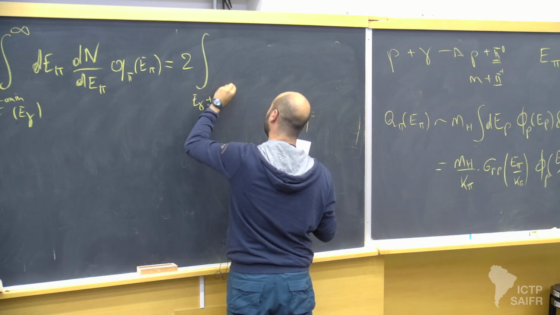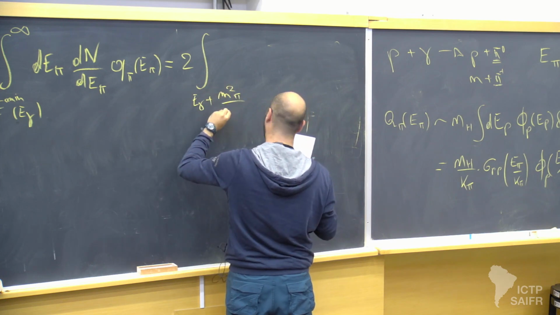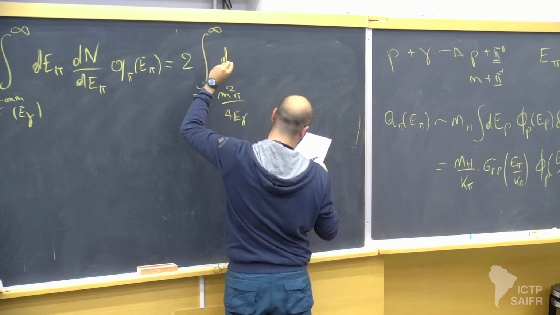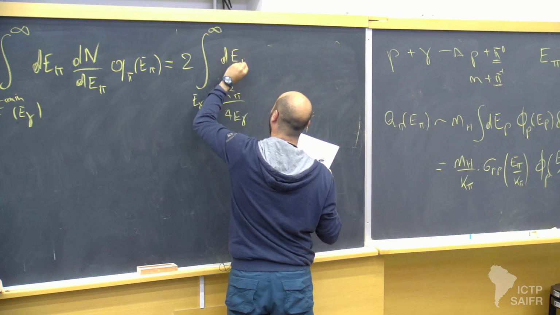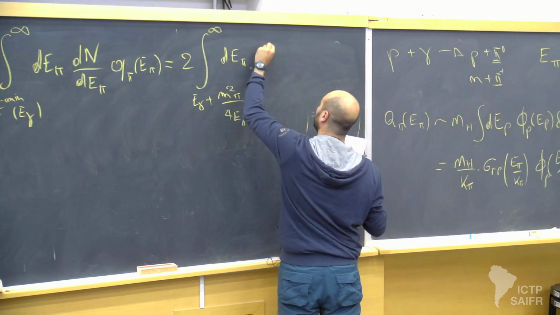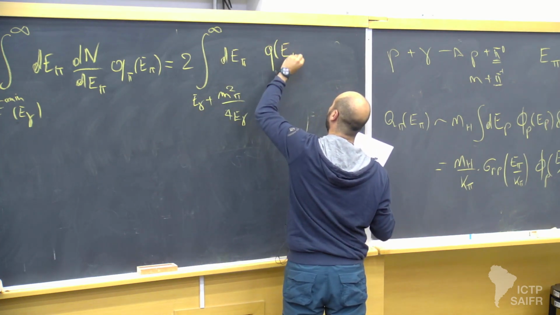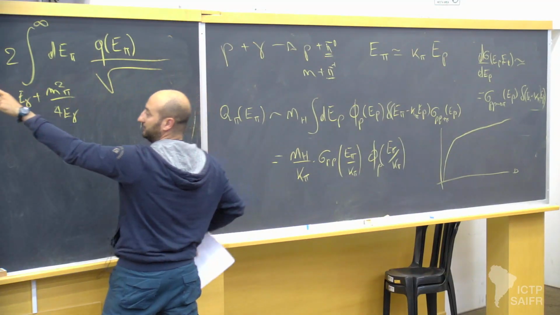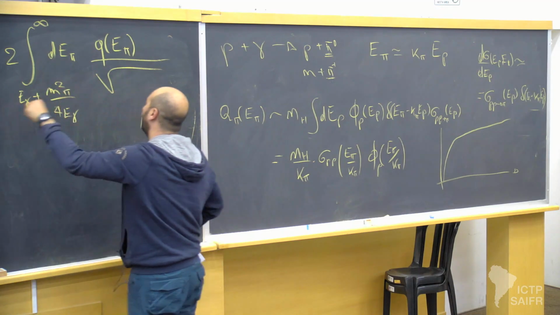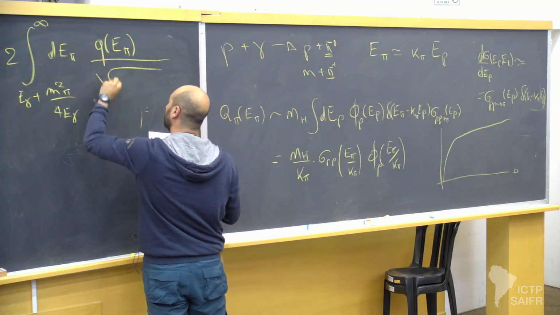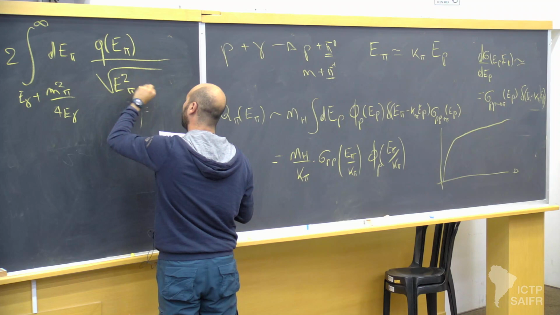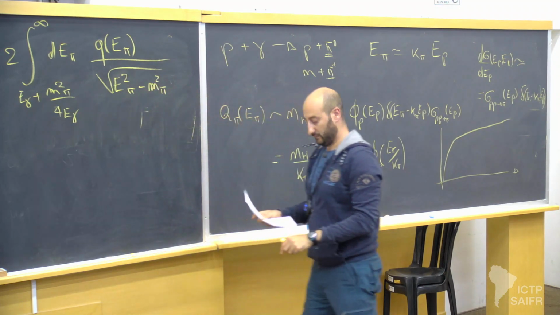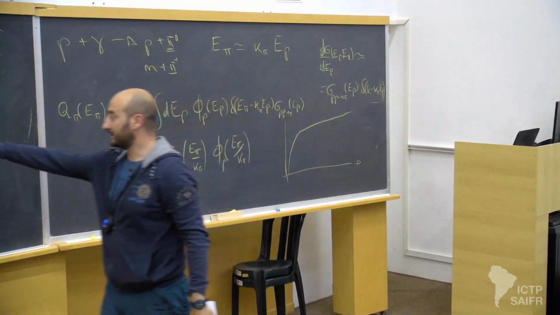Okay? Now, let me write the result, and then I will justify this lower integration limit: the integral from M pion squared over 4 E gamma to infinity of d E pion, times Q of E pion, which is that one, multiplied by dn, which we derived, and this is 1 over the square root of E pion squared minus M pion squared. Okay? Where does this come from?